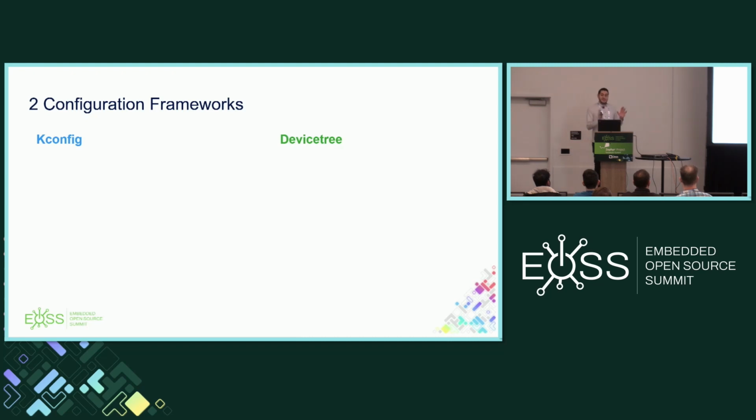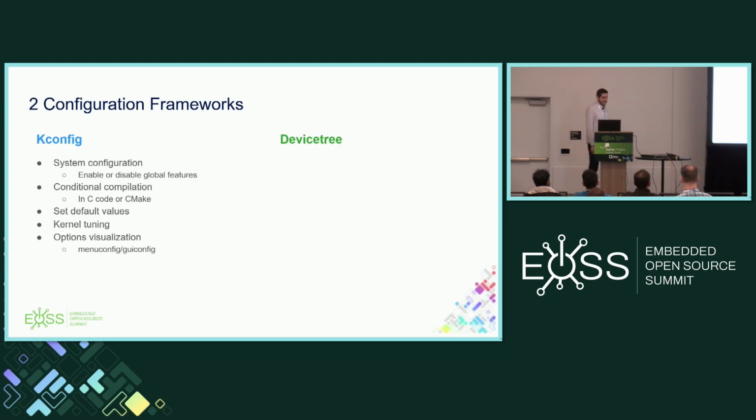So firstly, let us just say that on Zephyr we have mainly two configuration frameworks. The first one is Kconfig, and the other one is for Devicetree. Kconfig is for system configuration, so global system configuration, not for specific things. It can help us to enable or disable global features. They can help us to do conditional compilation.